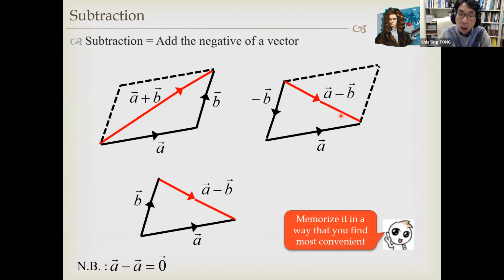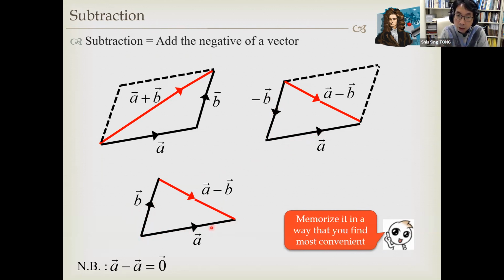For me, it may be more convenient to memorize the subtraction of two vectors in a different way, instead of turning B in the reverse direction and then adding it to A. I draw the tails of the two vectors together.